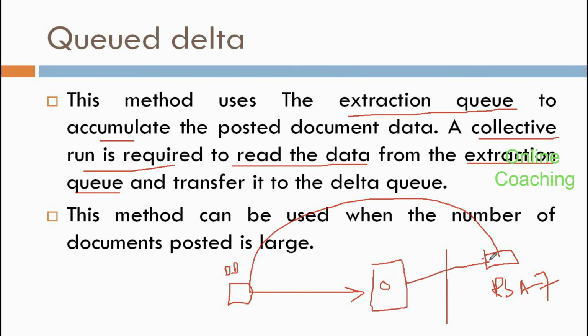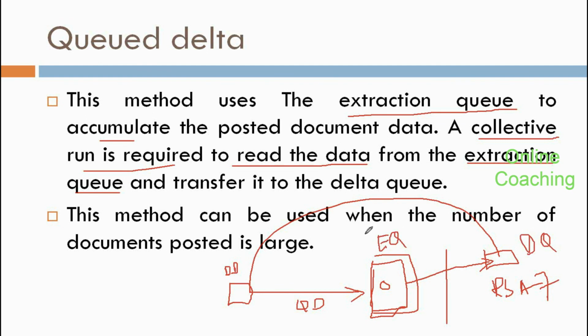Then the record will be posted to RSA7, the delta queue. That is called queue delta. So the queue delta is queuing the record into one place called the extraction queue. Then the record will be posted into the delta queue.